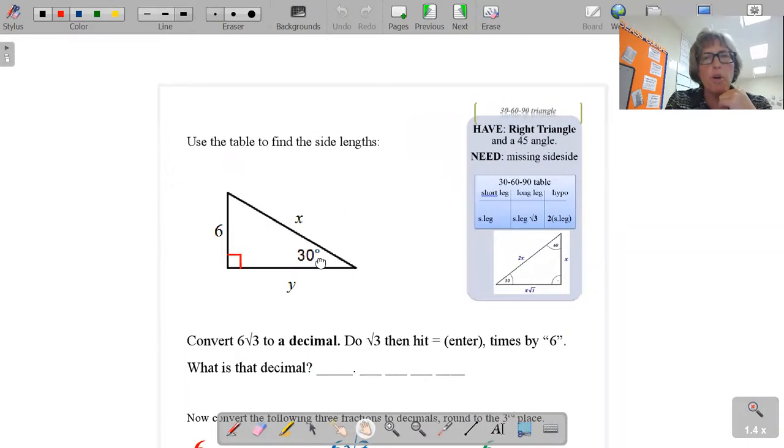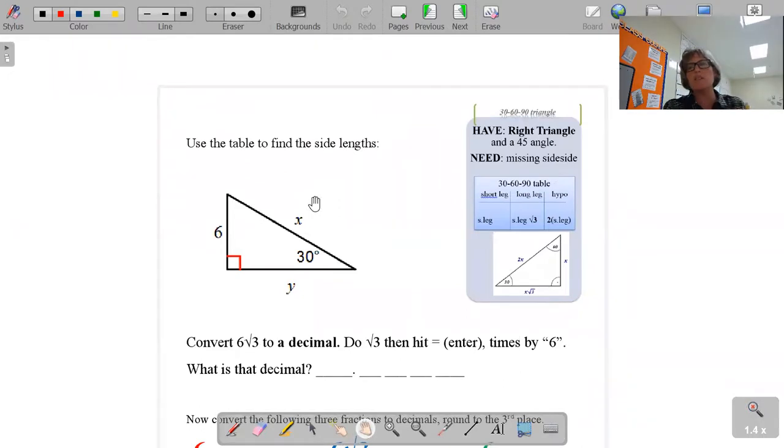We're going to do a little experiment. Everything we're doing is based on the Pythagorean Theorem. So from the Pythagorean Theorem, we got 30, 60, 90 triangles. Remember? 30, 60, 90, short leg, root 3, short leg times 2. So in this 30, 60, 90, short leg is 6.